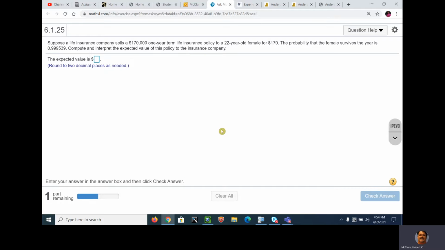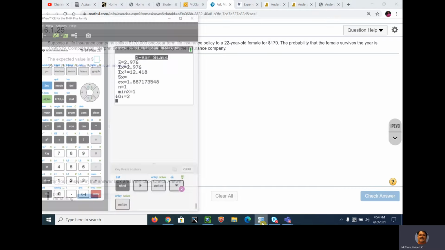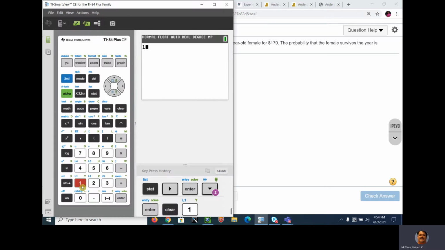Dying. So the complement is going to be 1 minus 0.999539. And the probability of dying is 0.000461, because that's a -4, so it'd be 3 zeros and 461.